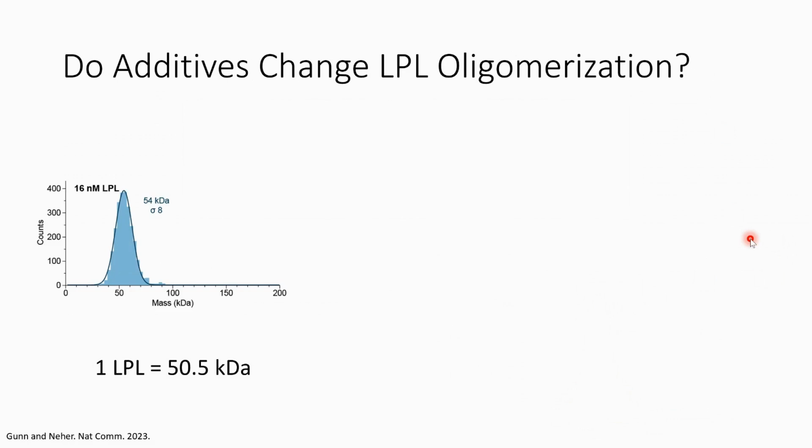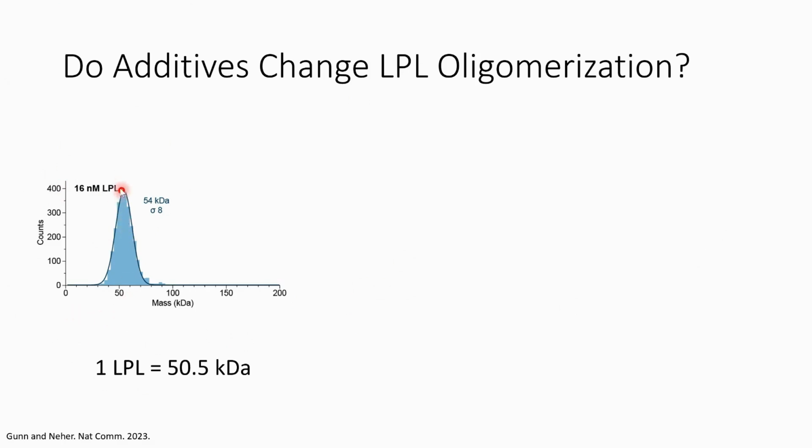My first theory for what was causing the dimerization in our CryoEM data was the presence of deoxycholate. This was the bile salt that we use to break up the LPL filaments and create a homogeneous sample for CryoEM. So I took LPL at a relatively low concentration, 16 nanomolar, and put it on the mass photometer.